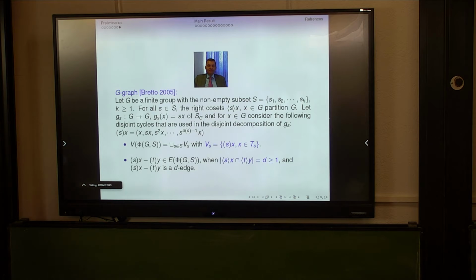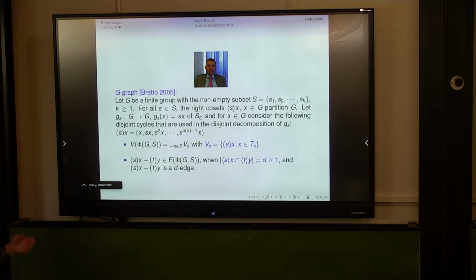Here there is a definition of the G-graph. As you know, graphs are suitable tools to study groups. So I studied the G-graph of groups, and here and in the future I want to consider the G-graph of gyrogroups. It was introduced by Alan Barreto in 2005 from Caen University.